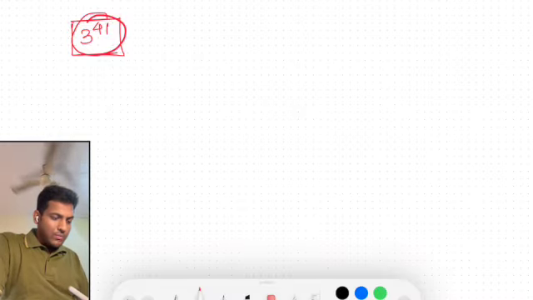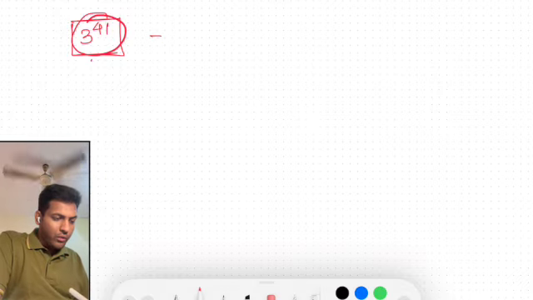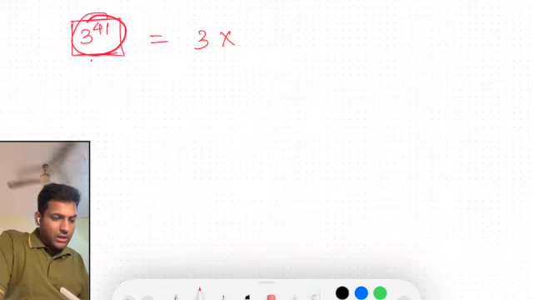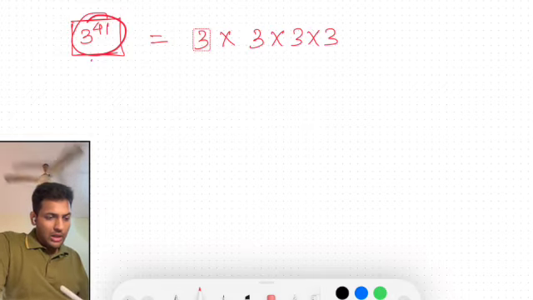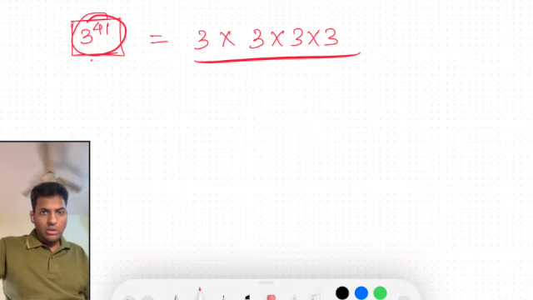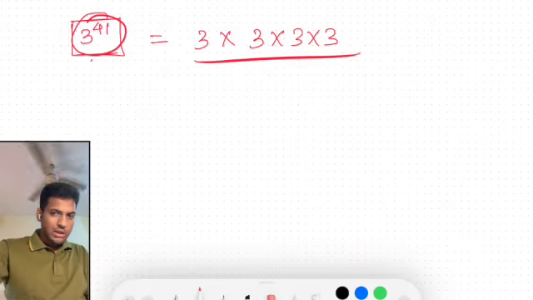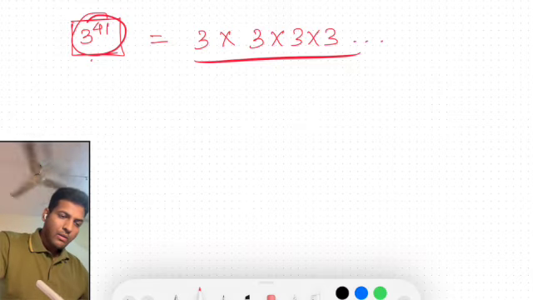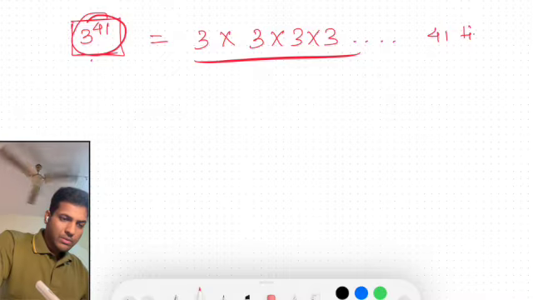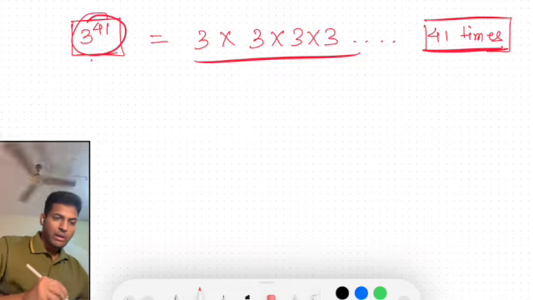When you raise a number to any power, suppose 3 is raised to power 41, this is 3 into 3 into 3 into 3 like this. You can very easily see that it means nothing else but 3 is multiplied 41 times.